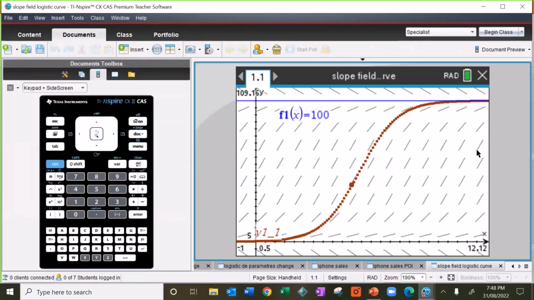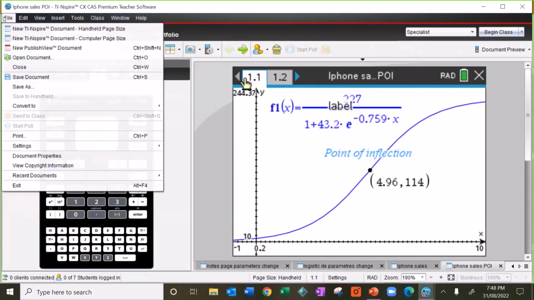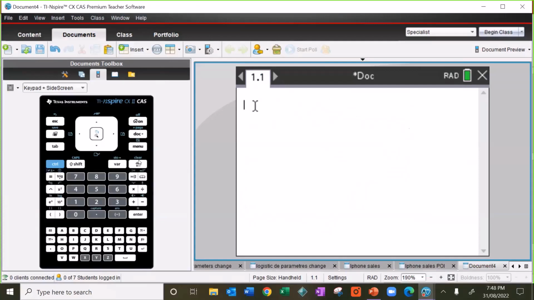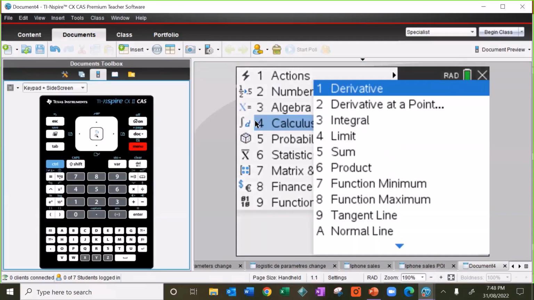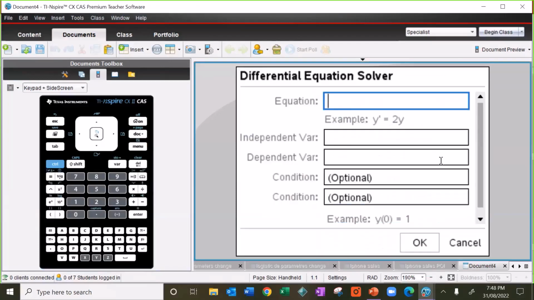And this is the slope field as well. So I open a new document just to do it live, and I will get the calculator. So let's solve the differential equation. So we go differential equation solver.